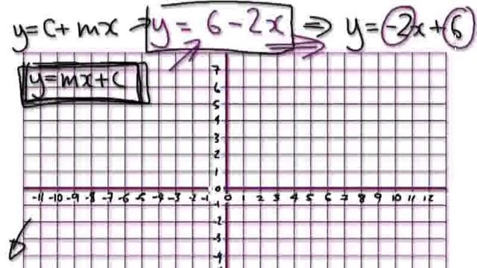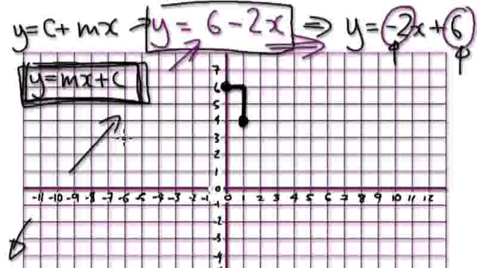Here the intercept is 6, so you know it's going to be here. Now a gradient of minus 2 means the up and down is 2 and the across is 1. So you go across 1, go down 2, because it's a negative gradient, so it has to be going downhill.